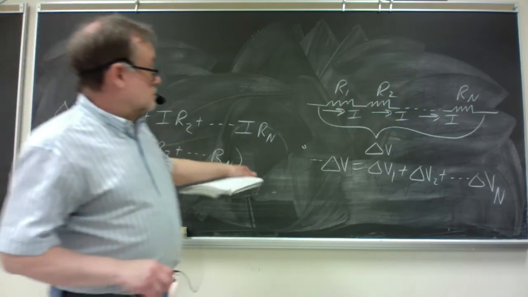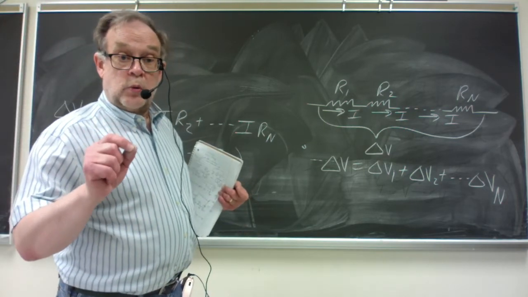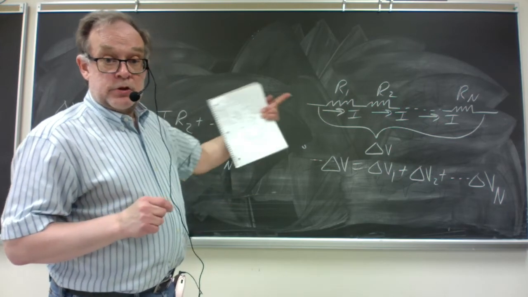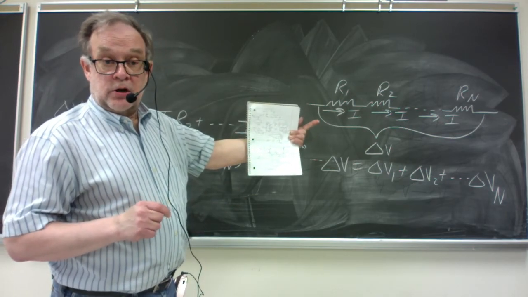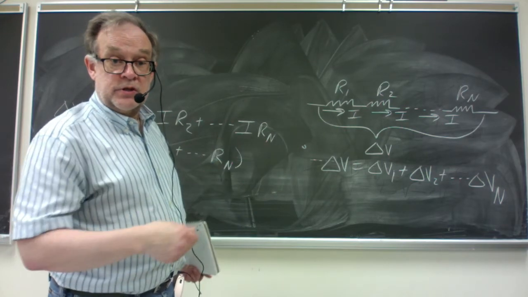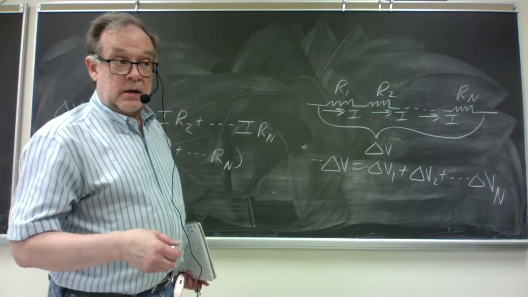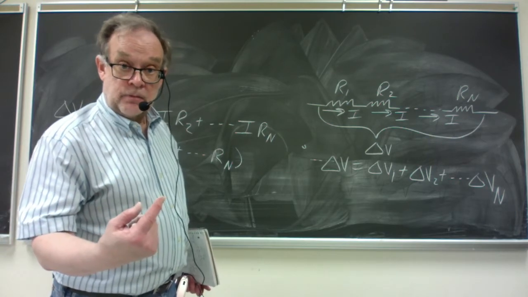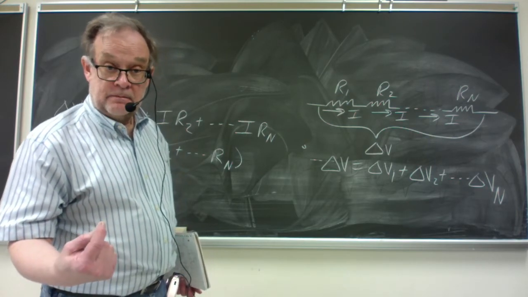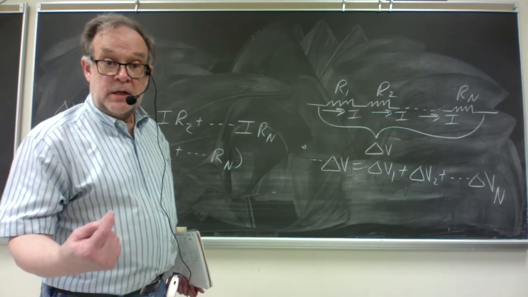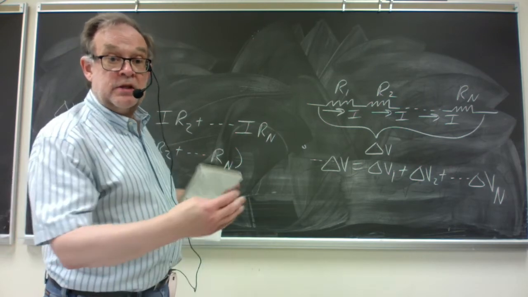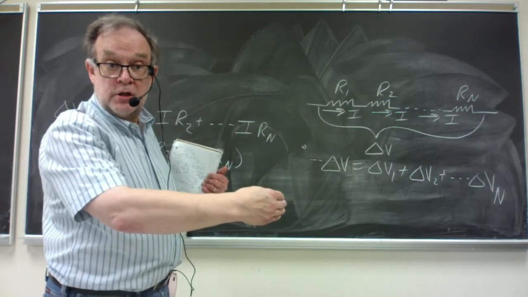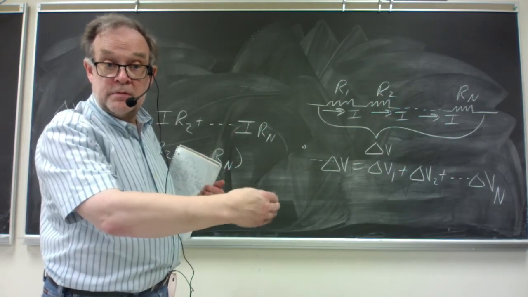So remember what we're looking for. We're looking for a simplification. There is a particular kind of simplification here in which this whole series of resistances can be thought of as equivalent to just one imaginary resistor that has the same effect. Same effect meaning you'll get the same current flowing through and have exactly the same potential difference between the two ends.